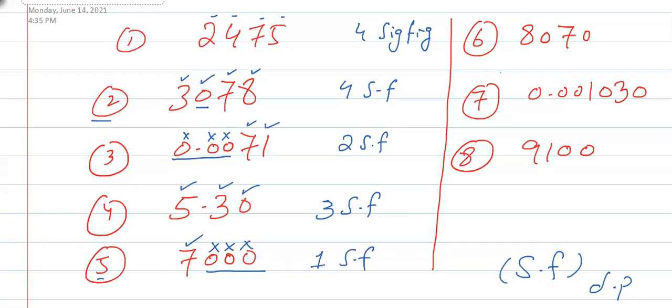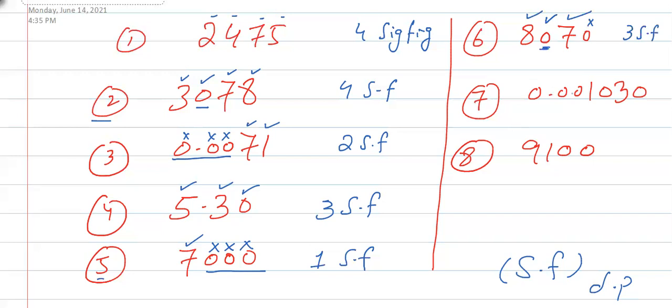Okay. In this case, significant, significant, obviously, because non-zeros are always significant. Now this 0 is a trapping 0, so significant, but this one is an ending 0 in a whole number, so not significant. So 3 significant figures.